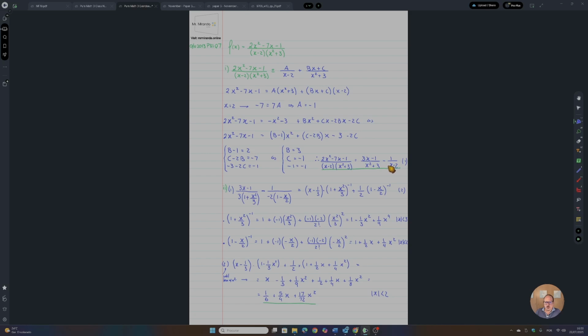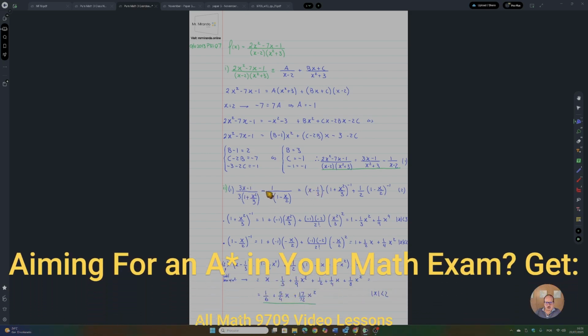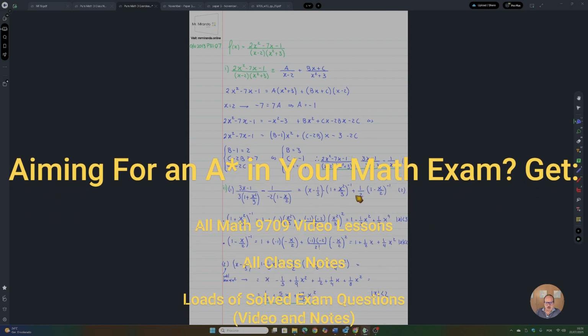So you put minus 2 times 1 minus x over 2. This is a denominator, so both of them are to the power of minus 1 over here. This one I just simplified because you have 3x minus 1 over 3, so that's just x minus 1 over 3. And minus and minus is plus, so you have just 1/2.